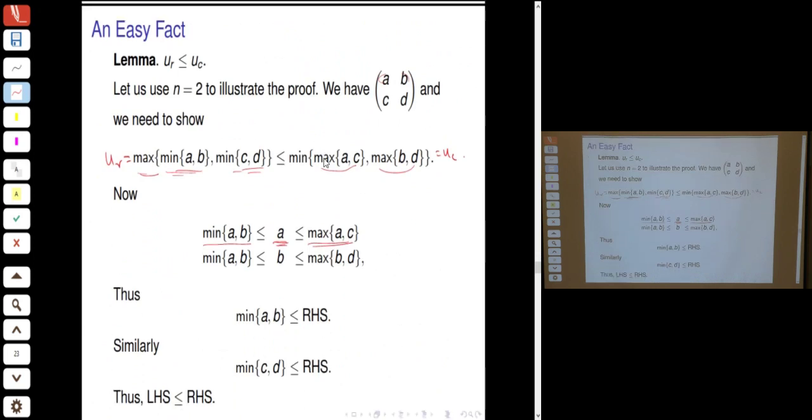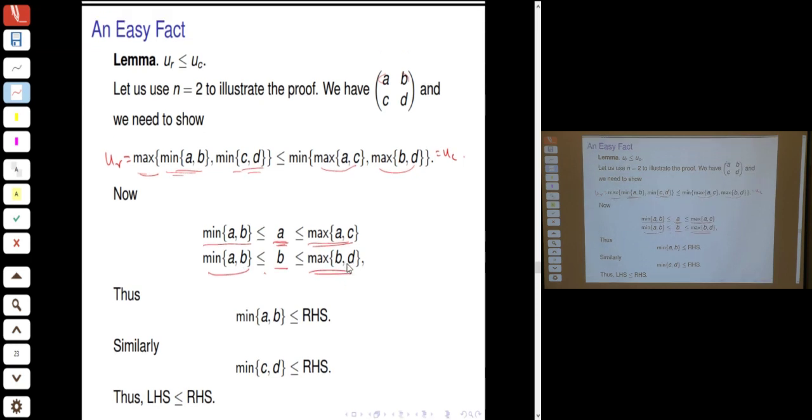Similarly, you can write down similar inequalities for B. So the minimum of A and B is less than or equal to B, right? Because it could either be B or it could even be A if A is actually smaller than B. Similarly, B is less than or equal to the maximum of B and D. Okay.